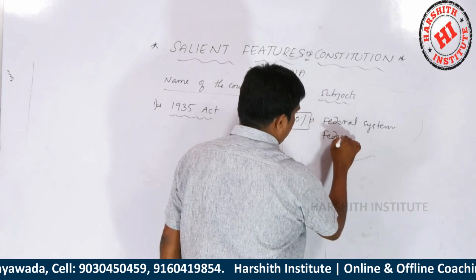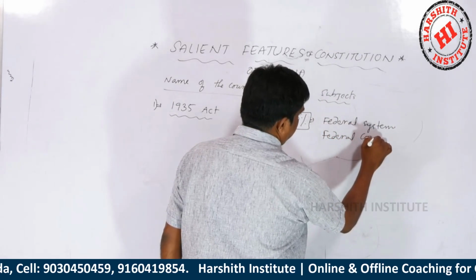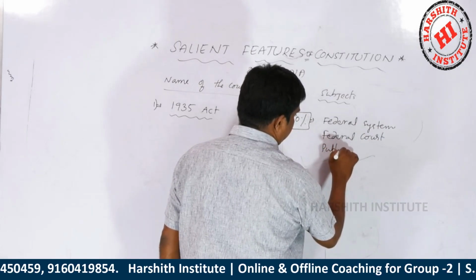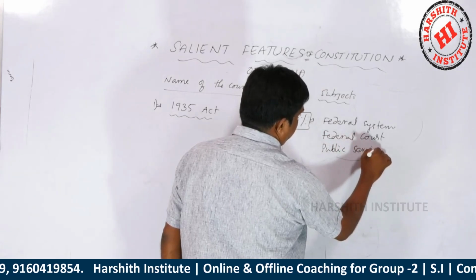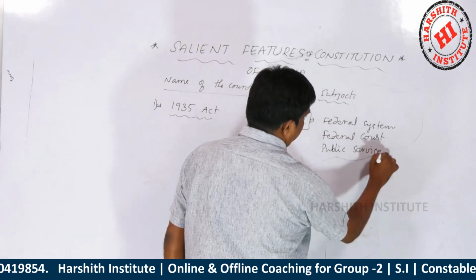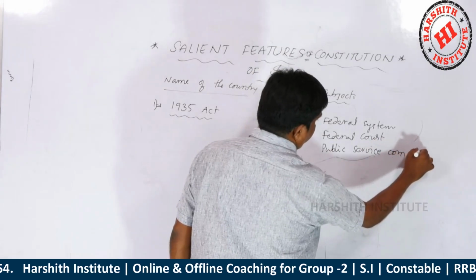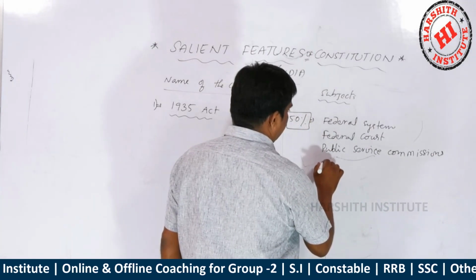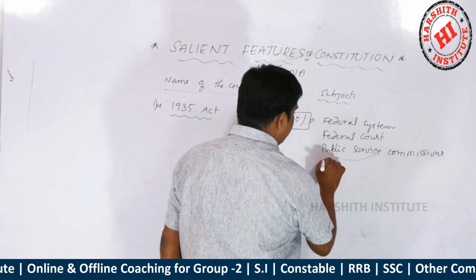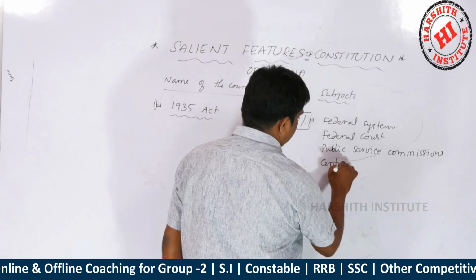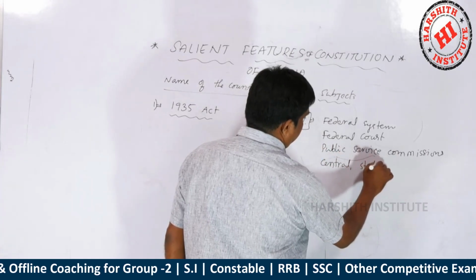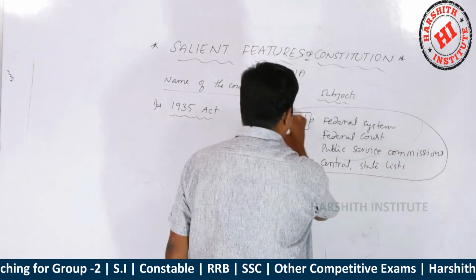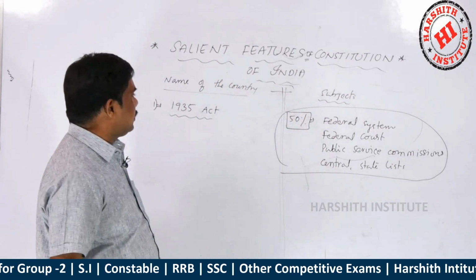and public service commissions, and lists, central list, state list, etc. These points are taken from the 1935 Act.